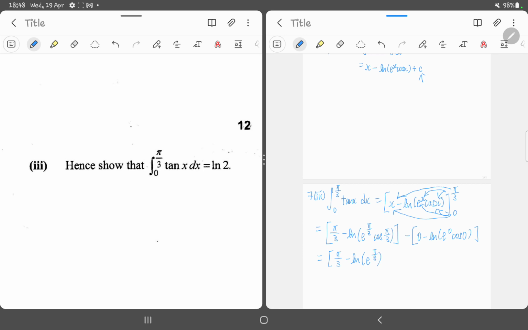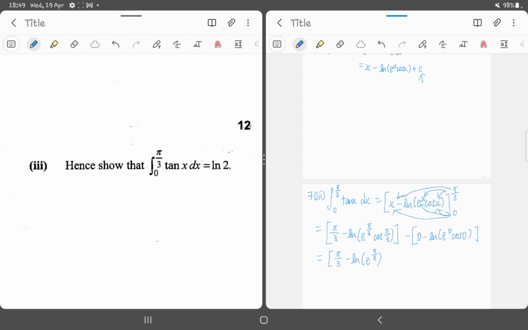After keying in your calculator, you will realize that cosine pi over 3 over here is actually equal to 1 over 2.